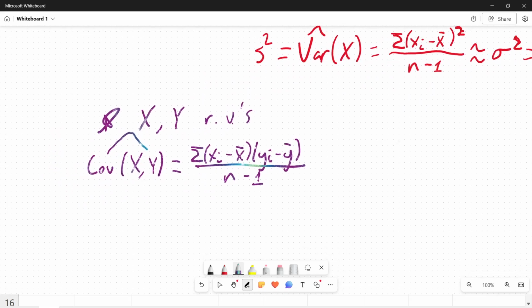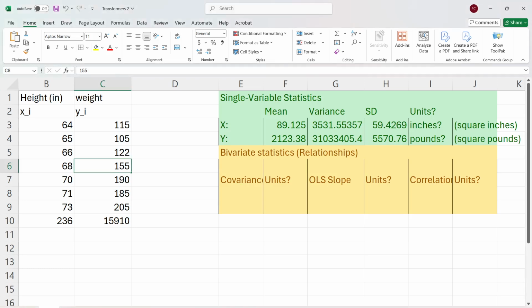So when x is above average, let's swap colors, I'm going to have a positive number here for xi minus x bar. When y is above average, I'm going to have a positive number here for yi minus y bar. Now think about the relationship between x and y, like in the case where I'm talking about the height and the weight of these people.